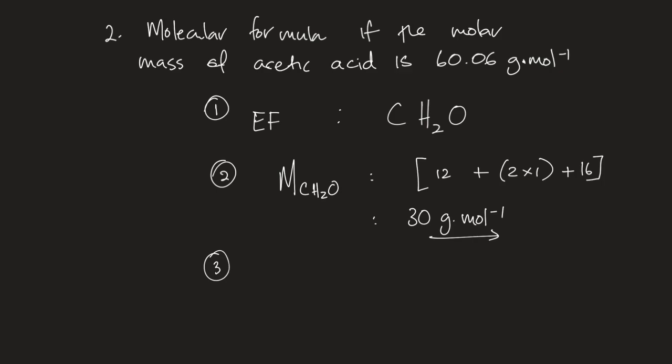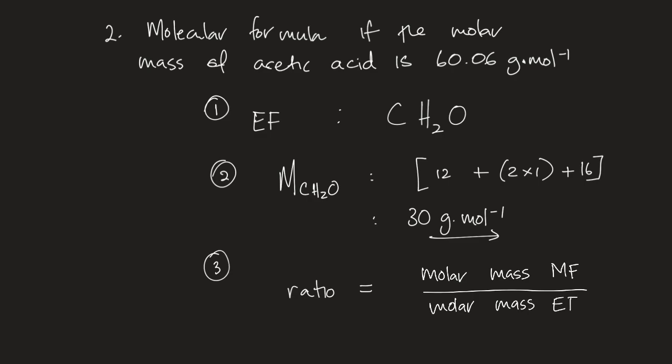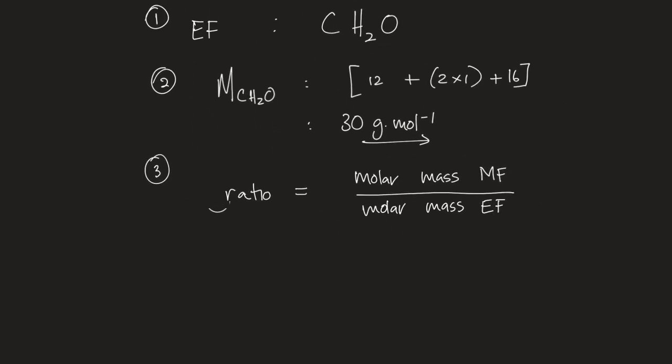Please make sure the formula we use is: ratio is equal to the molar mass of the molecular formula divided by the molar mass of the empirical formula. So I just do a simple one. R is equal to MMF over MEF.